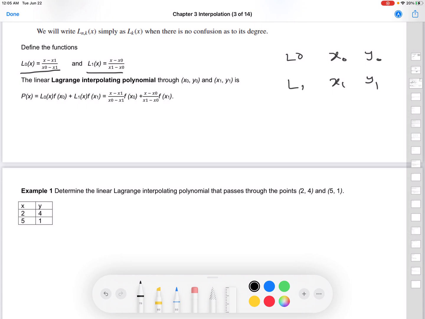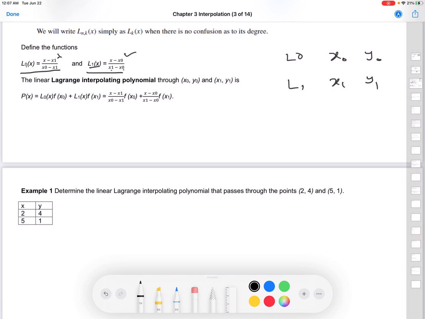So what is happening when you are calculating L0? On the top you have x minus x1, x0 is not here, and in the bottom x0 minus x1, right? When you are calculating L1, x1 is not in the top, dividing by x1 minus x0.